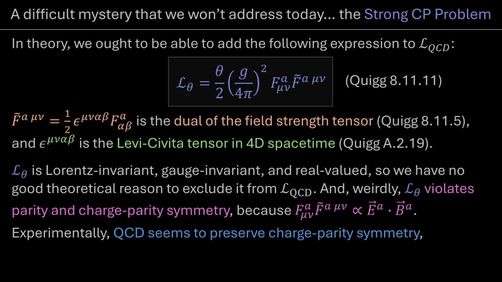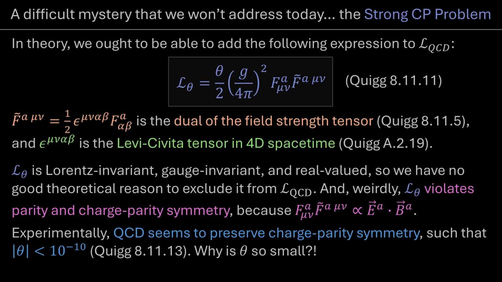In other words, we know that the absolute value of theta has to be a super, super tiny number. But why is theta so small? What makes it vanish? What principle says, even though we should expect this expression to exist, for whatever reason, it's vanishingly small? Why? We don't know.